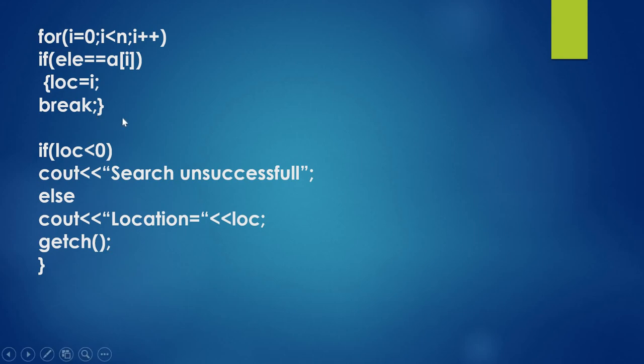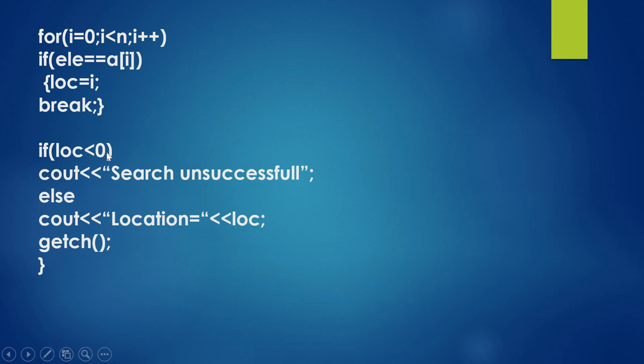After exiting from this for loop, we check one condition: if location less than 0. If the element is there in the array, the location value changes; it will be 0, 1, 2, 3 and so on.